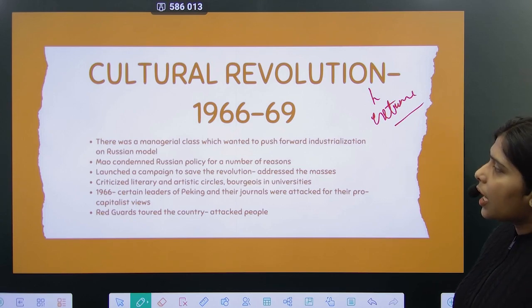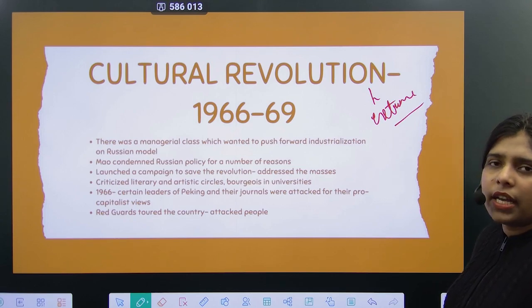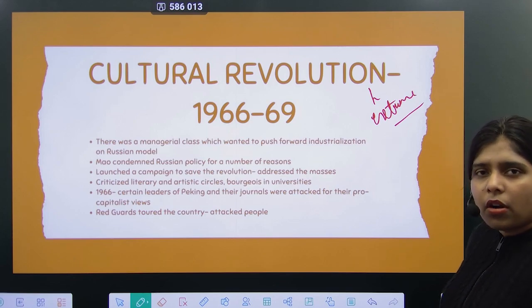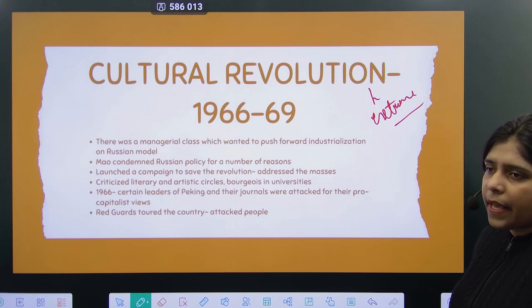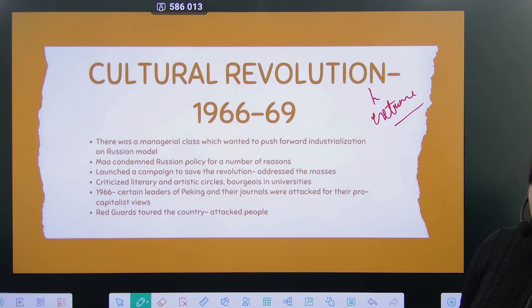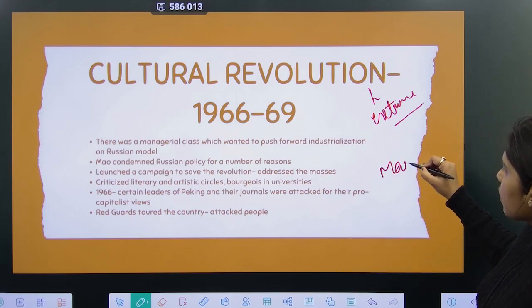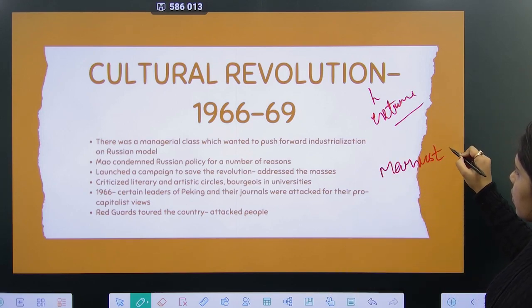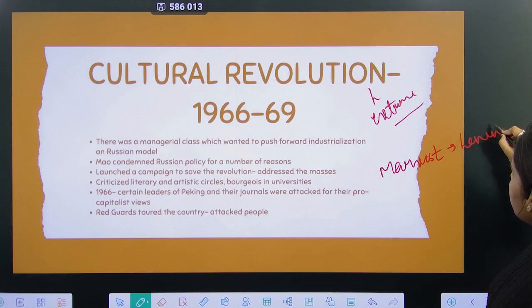There was a managerial class also which wanted to push forward industrialization on the Russian model only, and not the model that Zedong is developing. Whereas Mao Zedong was always trying to keep this great leap on the Marxist-Leninist model. That was what Mao Zedong was doing.